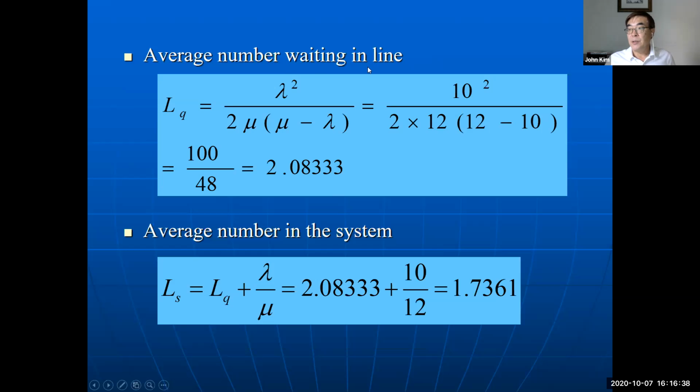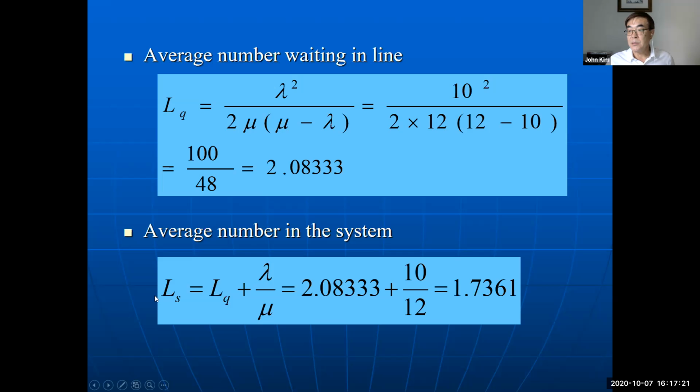Average number waiting in line, how many customers in the waiting line. Model 1 formula without the 2 in the denominator, but model 2 has the 2 constant here. So using this formula for model 2, 10 squared divided by 2 times 12 times (12 minus 10), that is 100 divided by 48, 2.08333 customers in the waiting line.